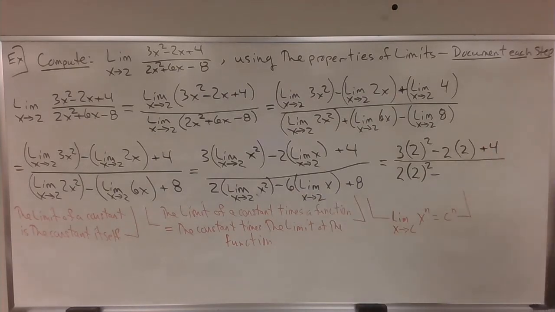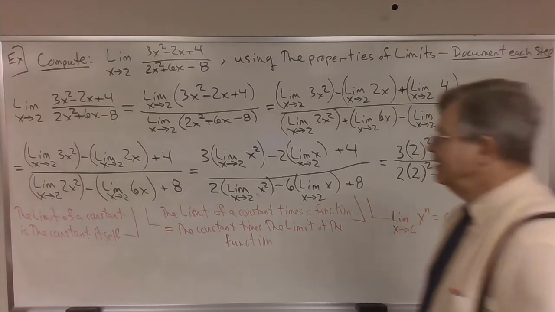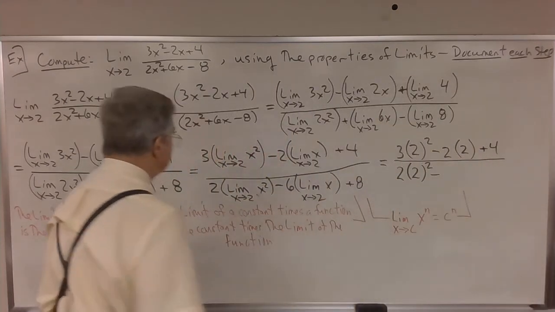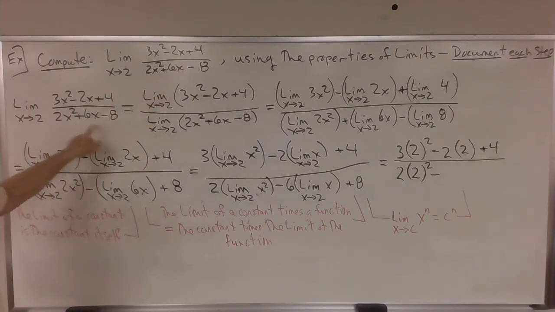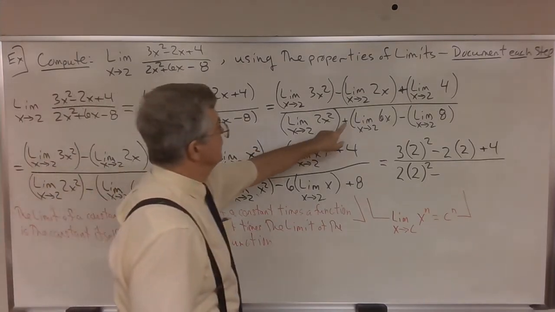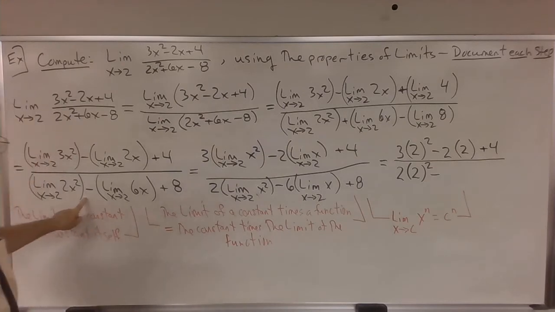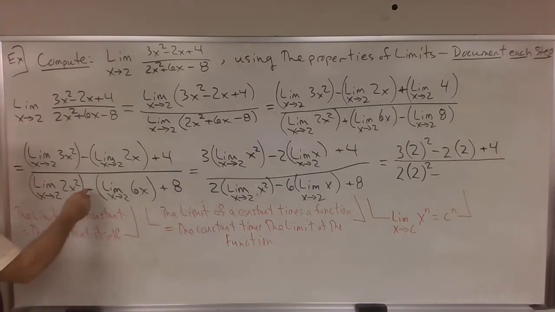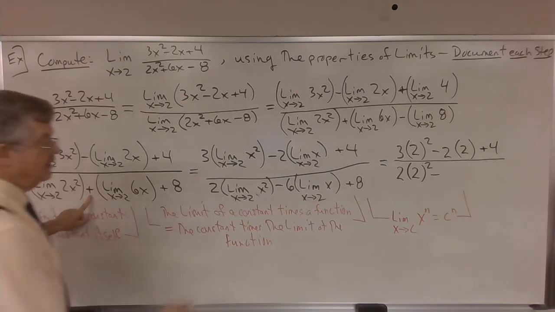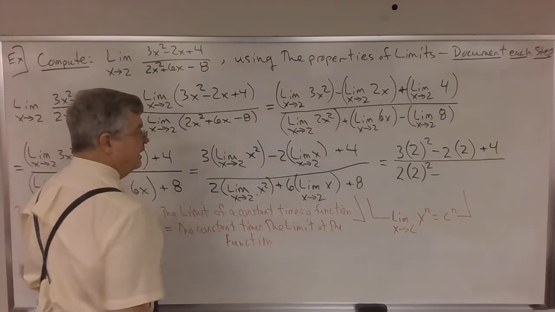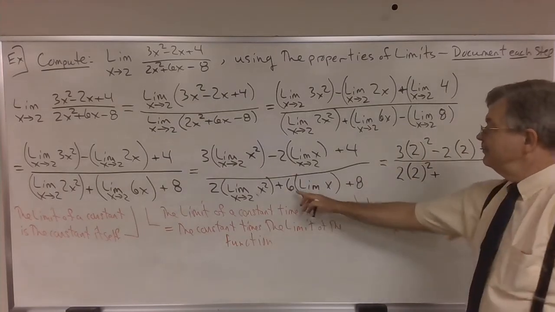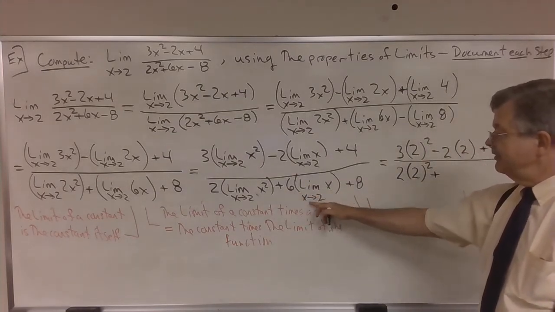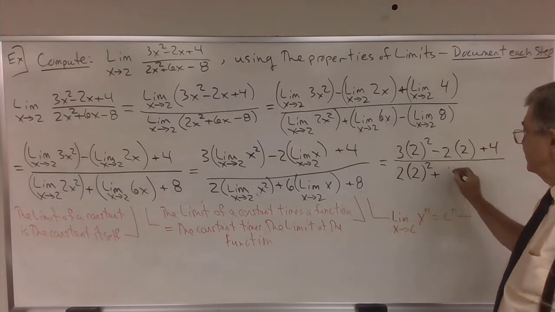Somewhere along the way, my plus turned into a minus, like right here, and right here. Okay. 6 times the limit of x as x approaches 2.